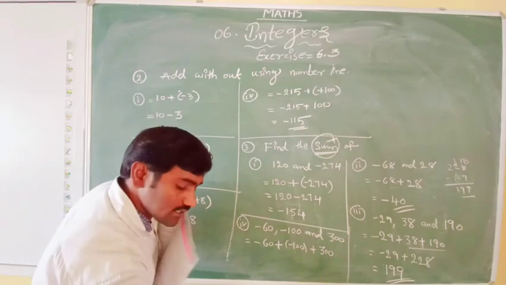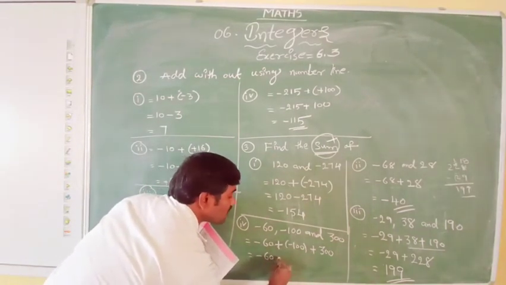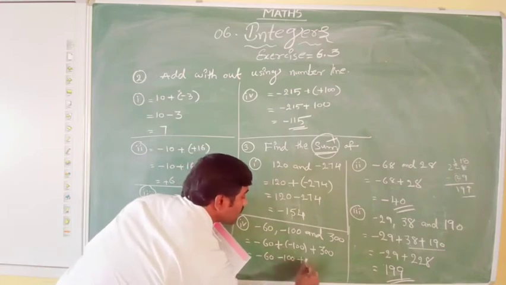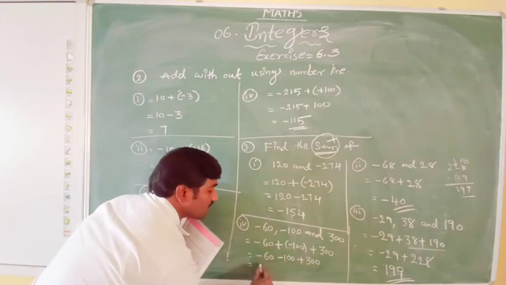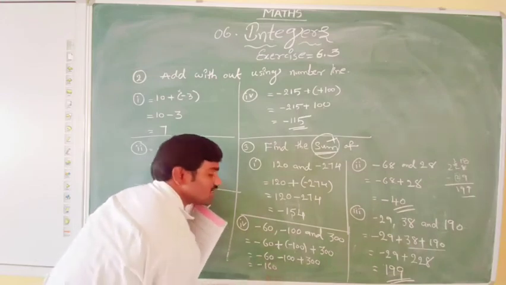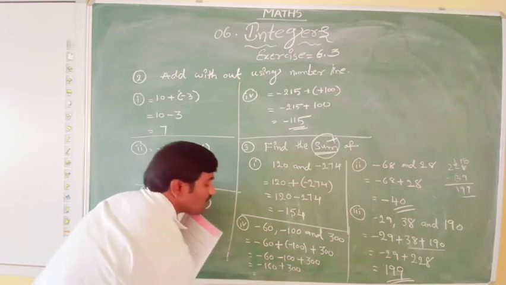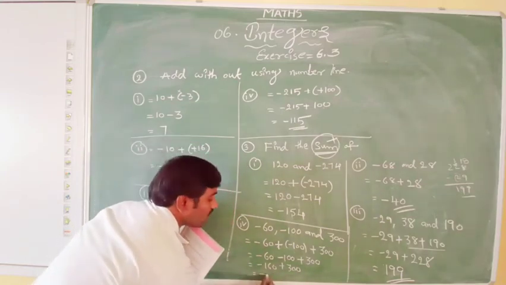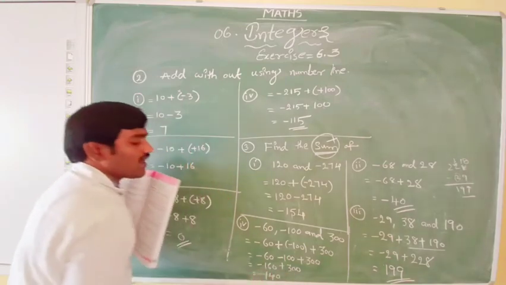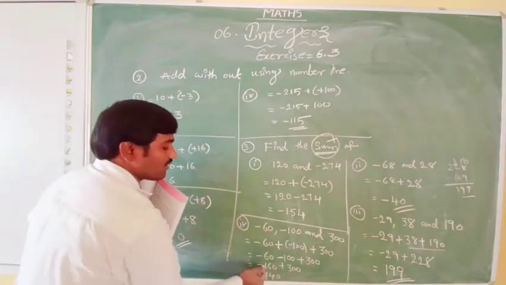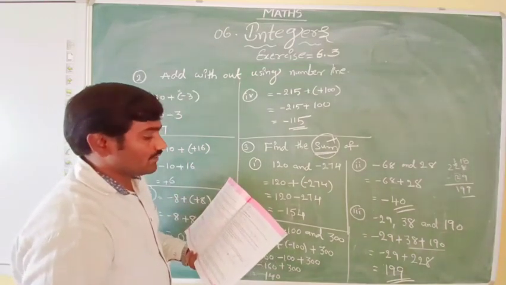Minus 60 minus 100, both are minus, so we get minus 160 plus 300. So what we get here is plus 140. From 300 subtract 160, 300 minus 160 is 140. It's possible, yes.